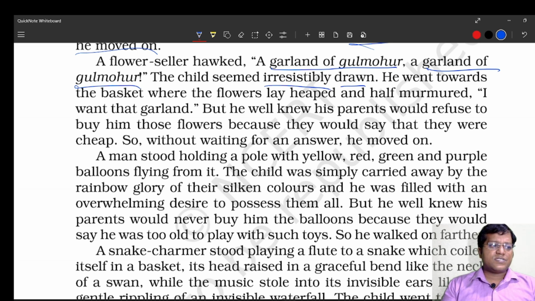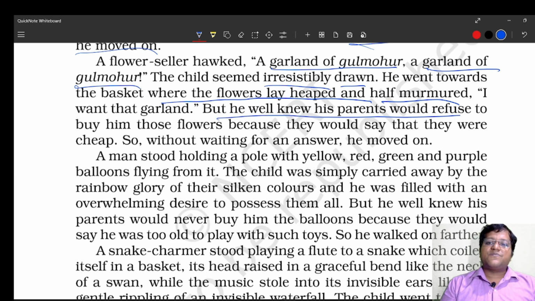The child was very attracted to this garland of gulmohar and he wanted to have one. His desire was irresistible. Irresistible means which cannot be controlled. He went towards the basket where the flowers lay heaped and half murmured, "I want that garland."